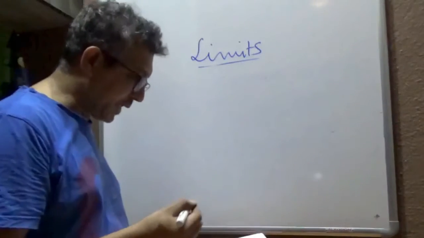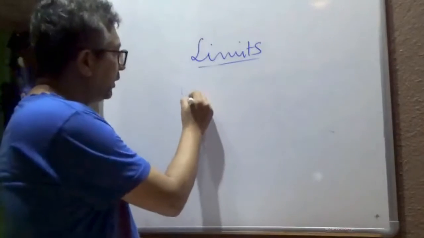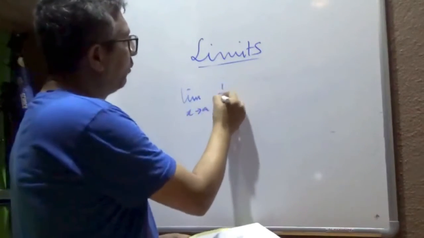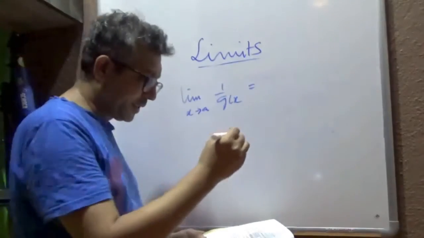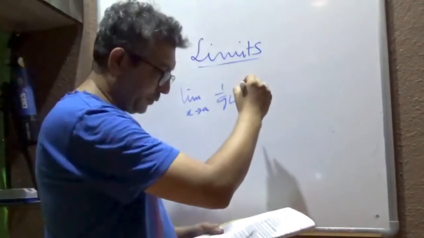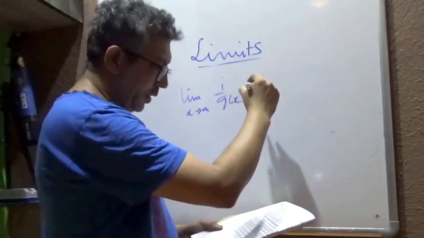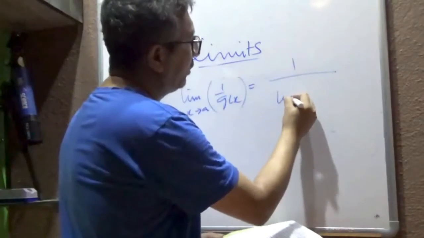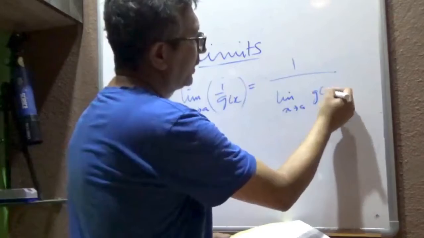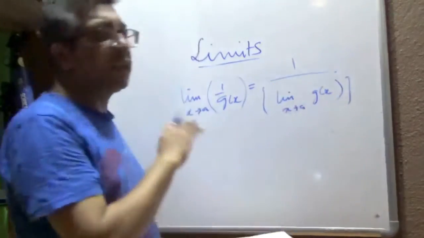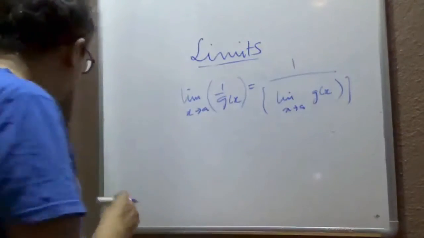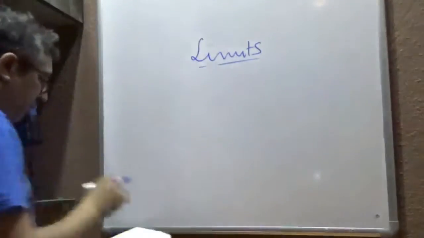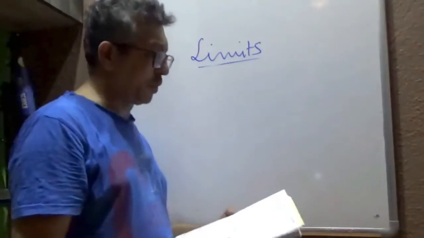So just for example, when you have limit x tends to a 1 upon g(x), it becomes 1 upon limit x tends to a g(x). So that way you can do the substitution for many functions when there are more complicated formations out there.